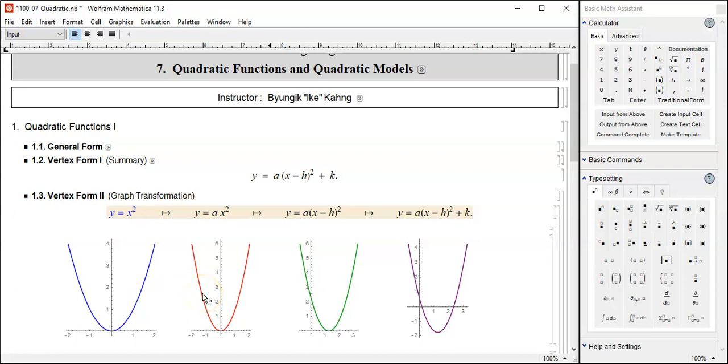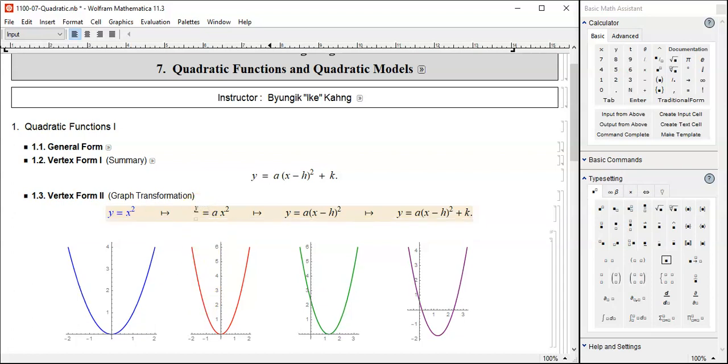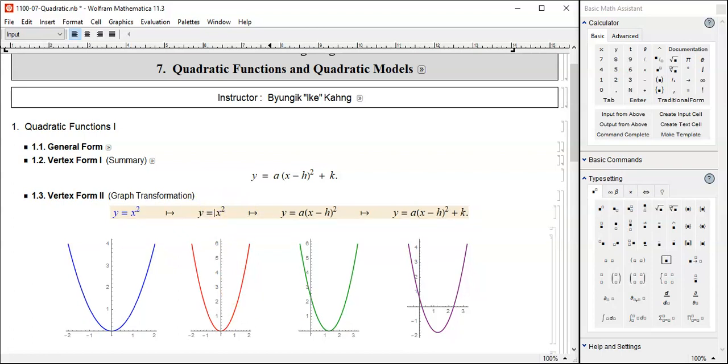So the graph transformation is the inverse operation. We have to divide. So we start from y equals x squared, and replacing y by y over a, we get this. But then again, y over a is equal to x squared. That's equivalent to just y equals a times x squared. That's what this graph is.